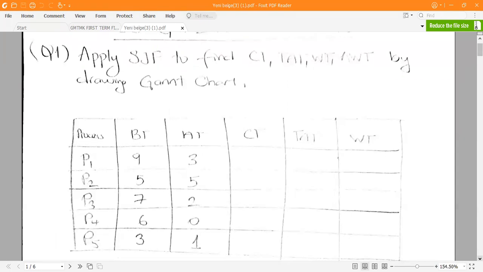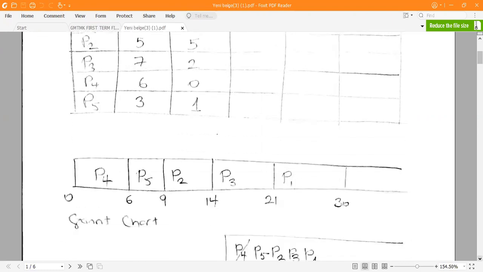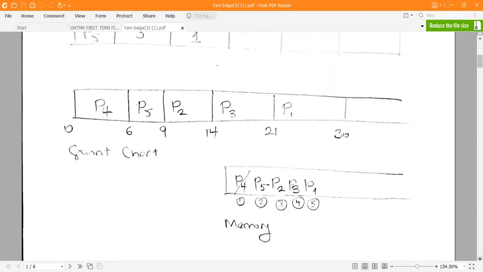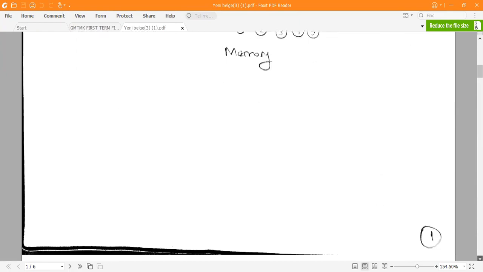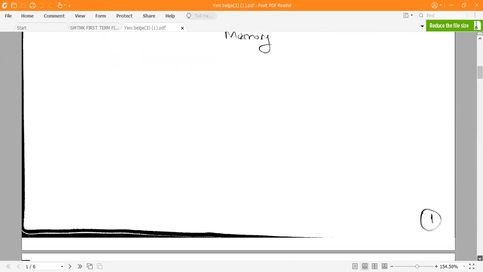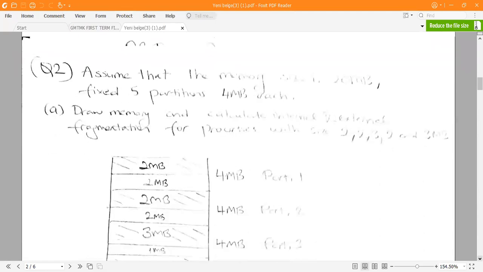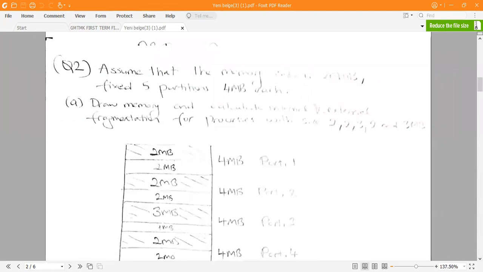Because I'm not going to ask it in the exam, I'm just skipping this one. I will not ask shortest job first, but the answer is there. I said that I will ask round robin, so I am skipping this one. You can check it. Oh, it is so bad. Sorry about that.